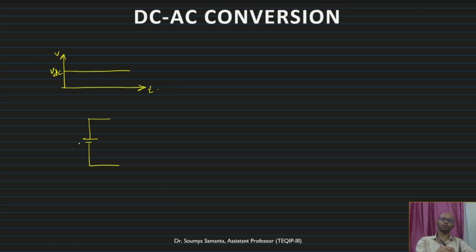So this is the voltage source with voltage VDC. Now what is our requirement? Our requirement is AC. Suppose we require 50 Hz AC supply from the DC. So how to convert it? That we will discuss now.